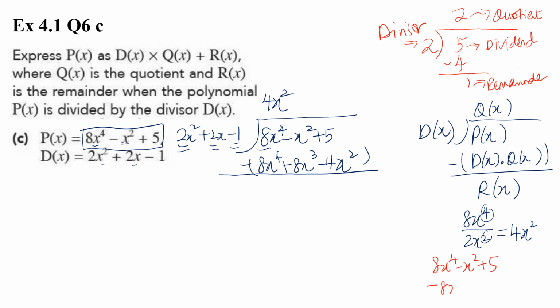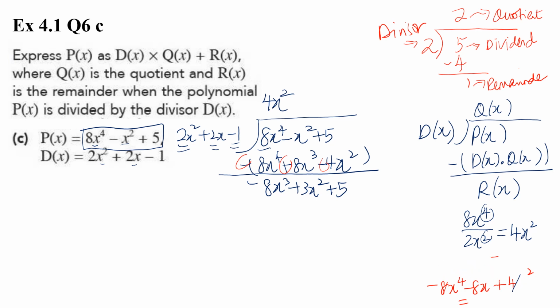Minus 8x to the power of 4 minus 8x cubed, minus because positive times minus gives you minus, and then negative times minus gives you plus. So if you simplify it, this and this goes off, so you have negative 8x cubed. This guy and this guy will give you positive 3x squared, then plus 5. Alright, so this is what we have.